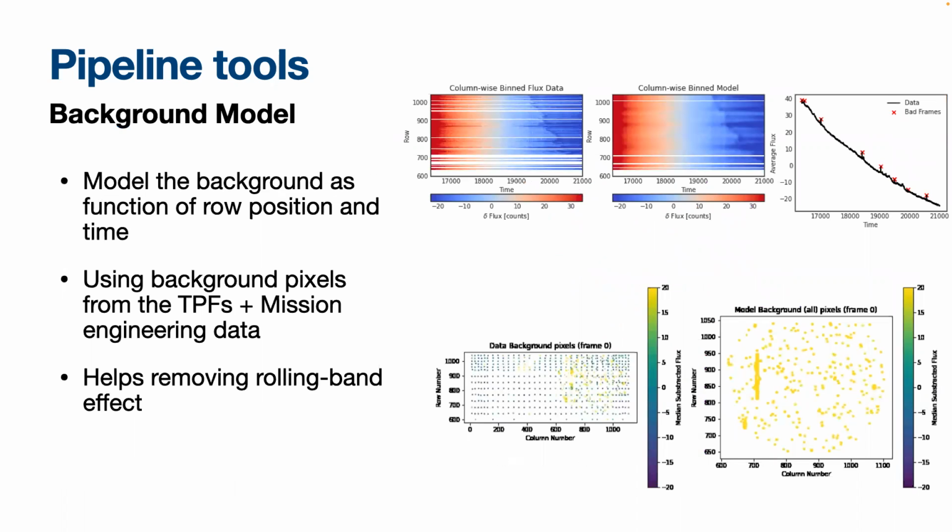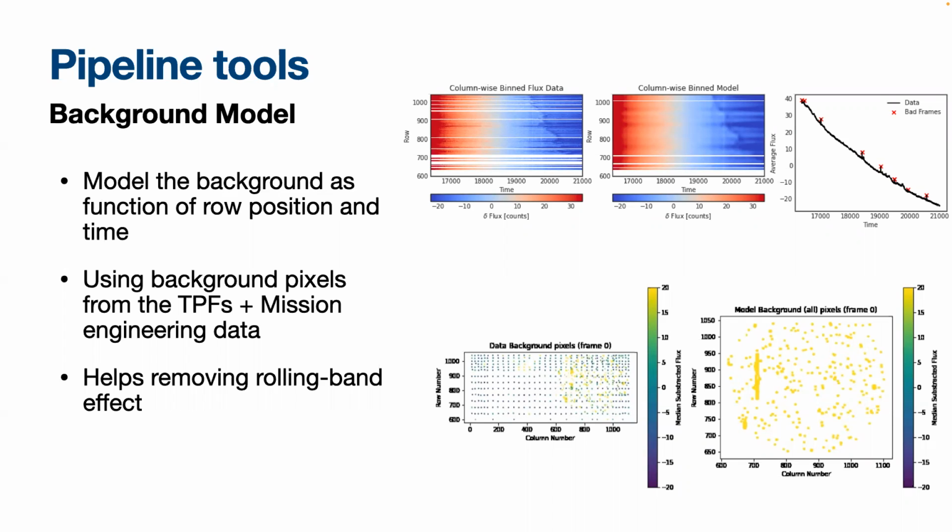Moving on, the first thing was to model the background. We want to subtract the background signal. There is a very distinctive signal in the Kepler data that is called rolling band. It is a time-dependent background signal that moves almost vertically in some of the sensors.